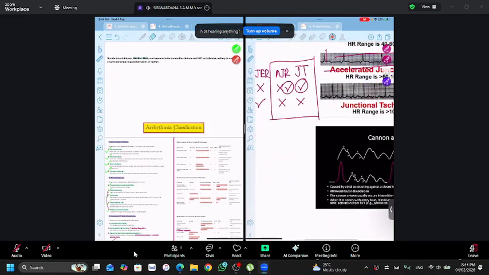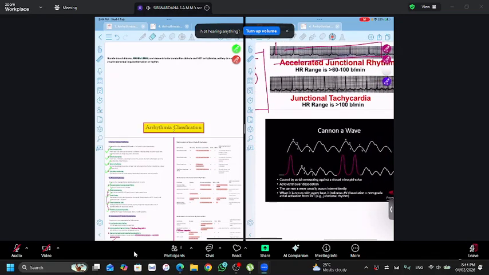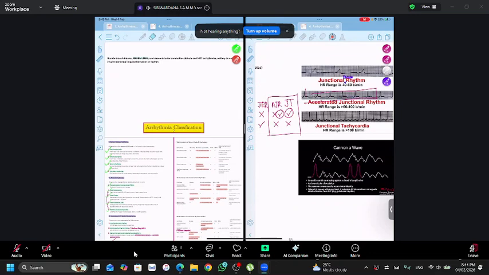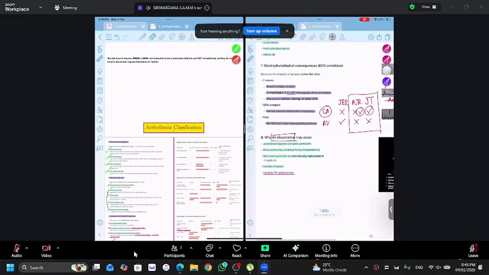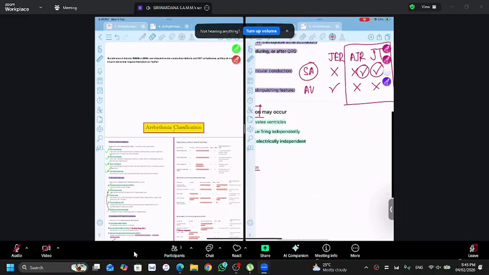The most important one is that this can lead to what are called Cannon A waves. A Cannon A wave is something you see in the jugular venous pressure, the JVP curve. So basically what happens is this. The ventricle goes at one rate, the atrium beats at a different rate. When they're beating like this, it comes to a point where one of their beats synchronize.